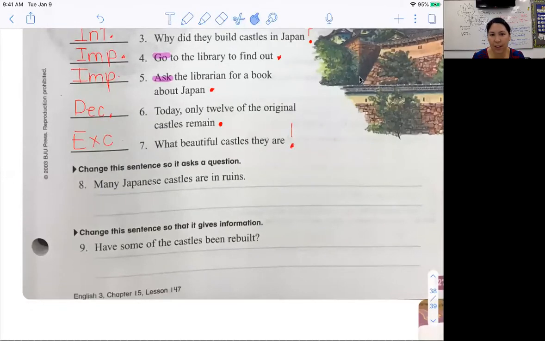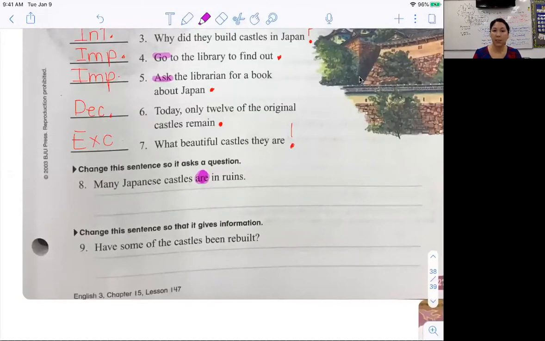It's kind of a cool trick, okay? So many Japanese castles are in ruins. Do you guys see a linking verb there? Is, are, was, were, have, has, had, am, will. Are is our linking verb there. If I put are in the front, watch how it makes it a question.